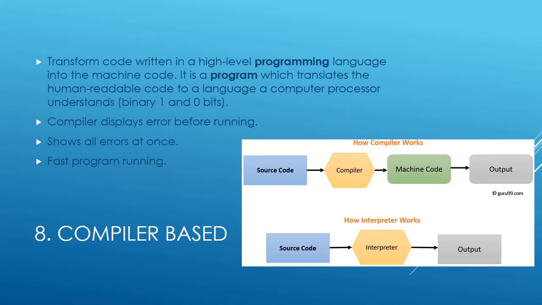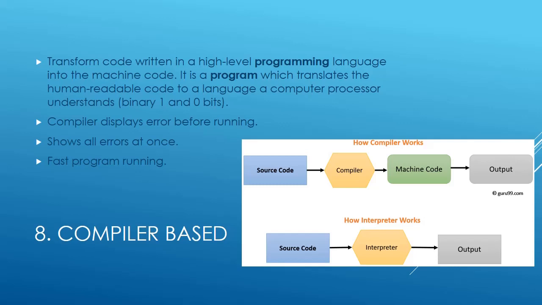The next feature is that C++ is a compiler-based language. Now, what is a compiler-based program? There are two types of programs, interpreter-based and compiler-based. The function of both a compiler and an interpreter is the conversion of a high-level programming language into machine language.